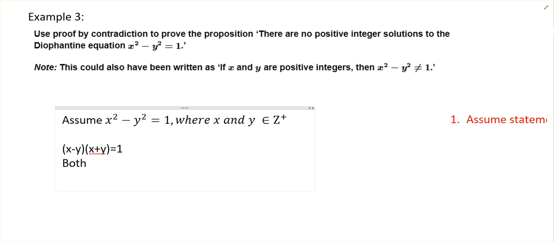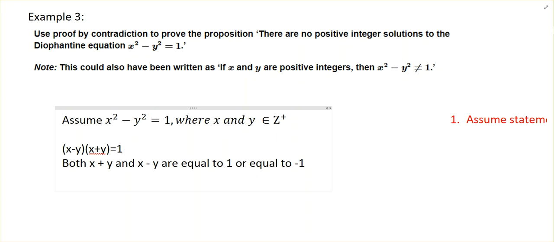So that's the next statement. Both x plus y and x take y are equal to 1 or equal to negative 1. Yes? Do you see my logic?